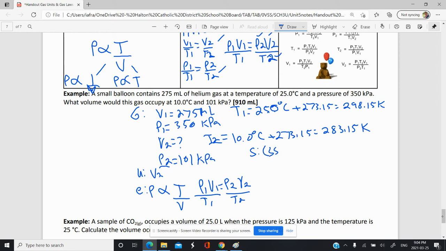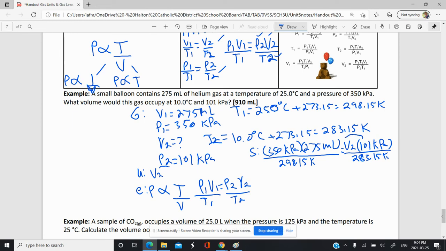We're going to have 350 kPa times our V1, which is 275 milliliters, over our T1, which is 298.15 Kelvin, is equal to V2, which we don't know, times our P2, which is 101 kPa, over the T2, which is 283.15 Kelvin. And we want to solve for V2 by isolating.